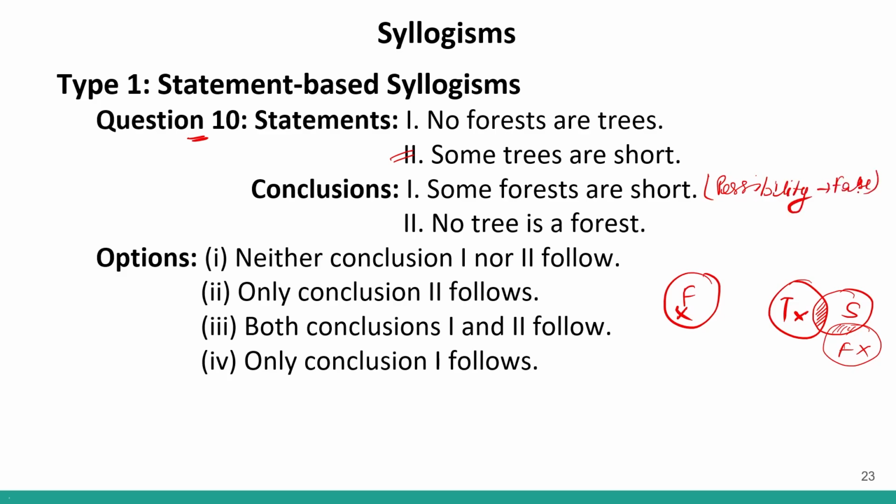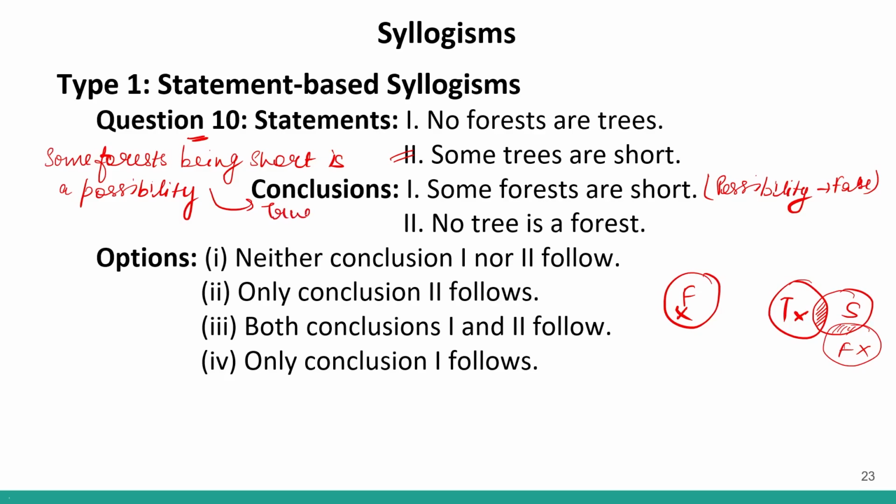If the conclusion was that some forests being short is a possibility, then it would have been a true conclusion. But since it is not mentioned as a possibility, therefore it is false.